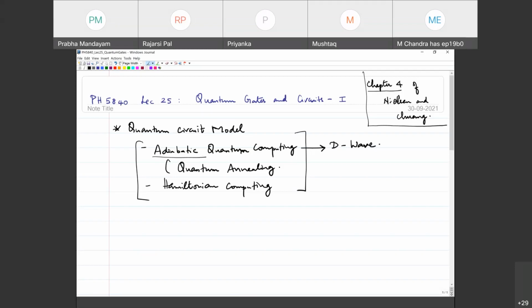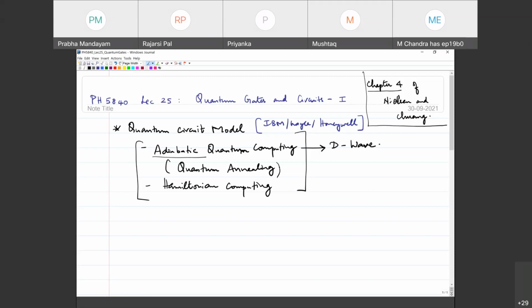The circuit model is what most companies today are building, whether it's IBM or Google or Honeywell, etc. This is the model that most companies are focusing on, but D-Wave from the beginning has focused on implementing what are called quantum annealers, and they claim to have been fairly successful at it as well, right?